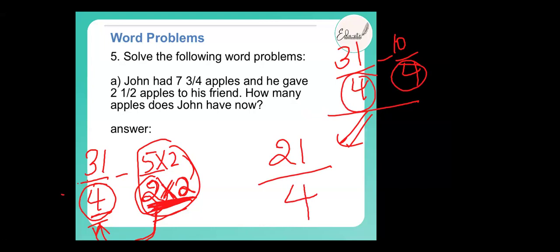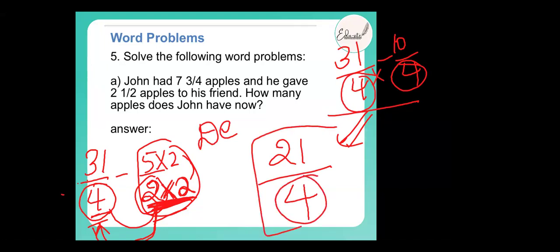Do you remember? In addition and subtraction of fractions, only the numerators are operated on and the denominator is written as such. So this is your final answer, 21 by 4.